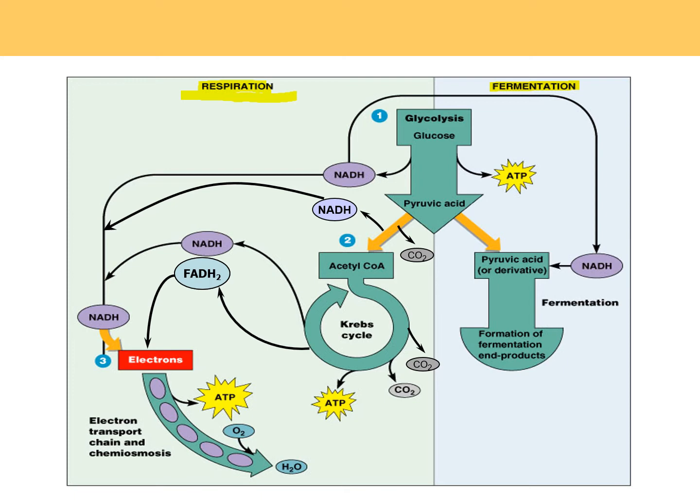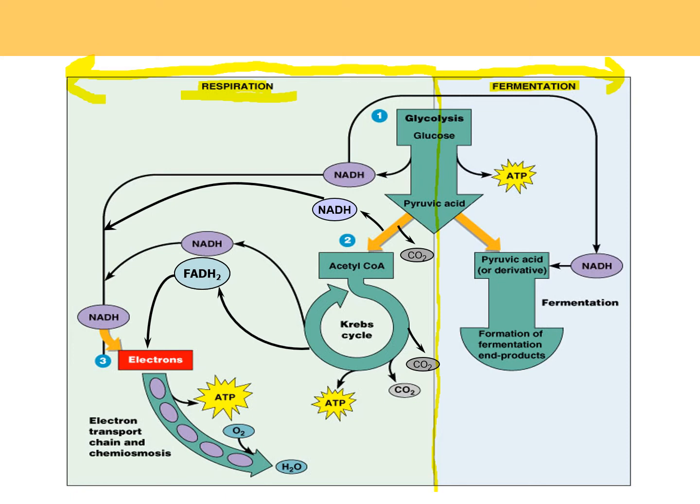On the right-hand side in this diagram, everything involved in fermentation is described there in a sort of a flow chart. So in here, that's fermentation. And on the left is cellular respiration.